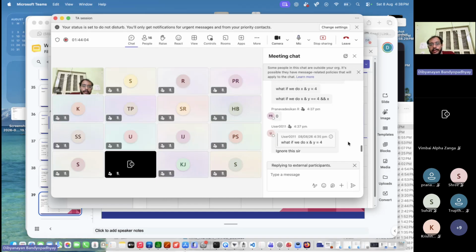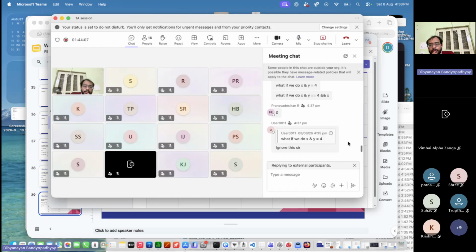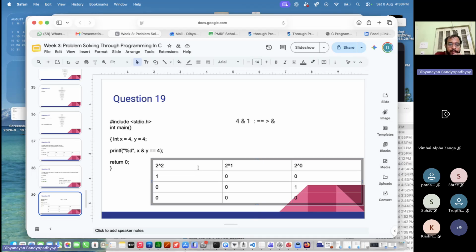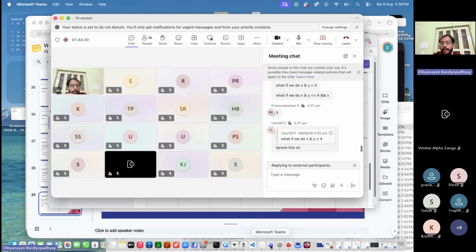What if we do x and y equal to 4 and x? Yeah, so if you do x and y, then you have to evaluate 4 and x first. What is the value of 4? It is 4, right? So 4 and x, what will it give you?